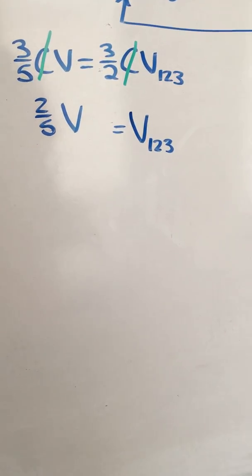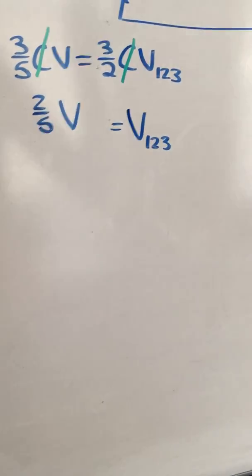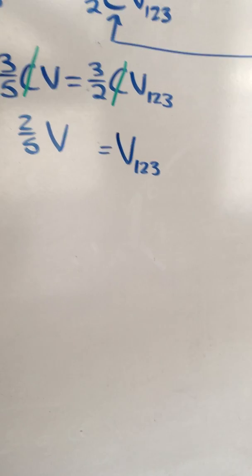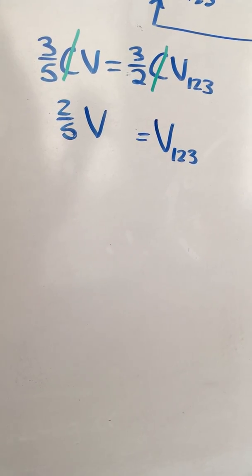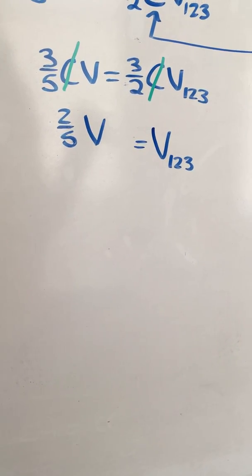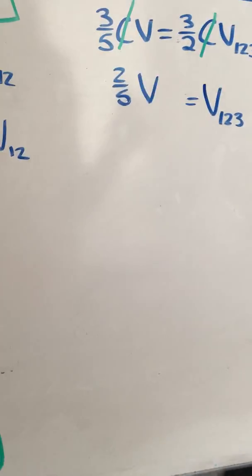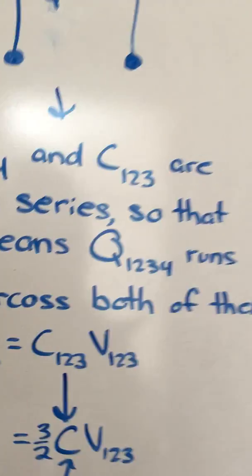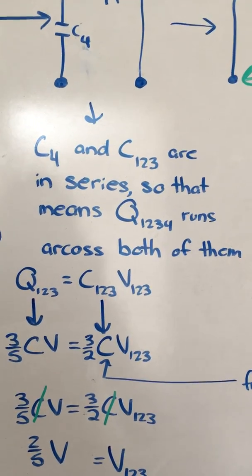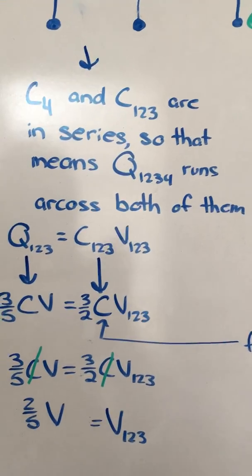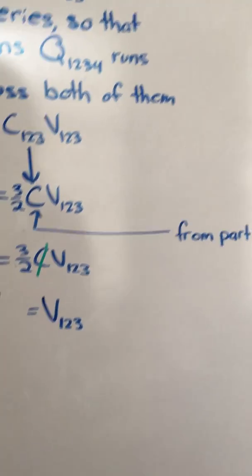The voltage for V4 should be, I think I have it up here somewhere, hold on. Okay, maybe I don't. But what it should be is, like we were saying here, since C4 and C123 are in series, Q1234 runs across both of them.